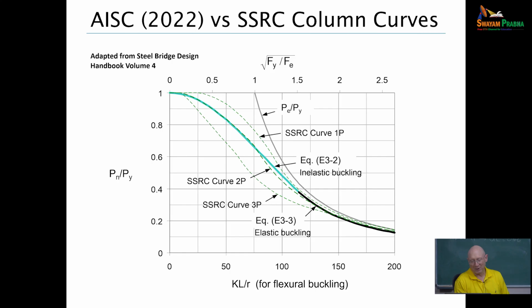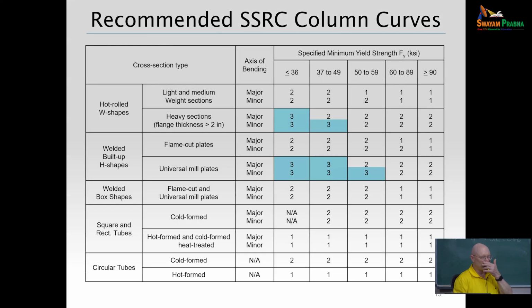Well, what about curves 1P and 3P? This is a table that's in the SSRC guide, and it basically explains Verhoeven's recommendations.